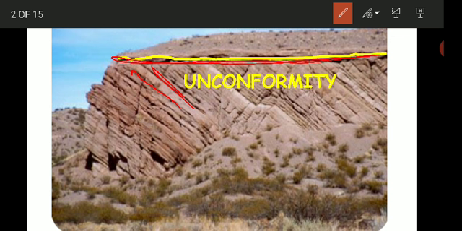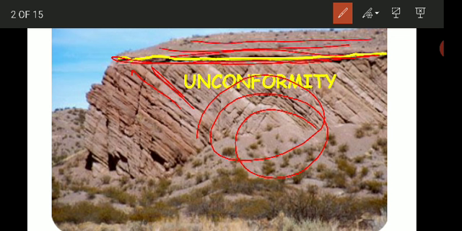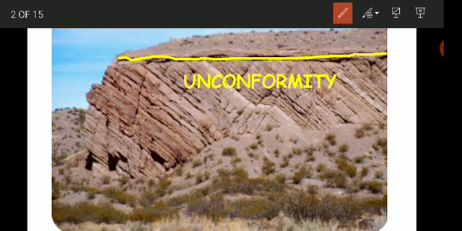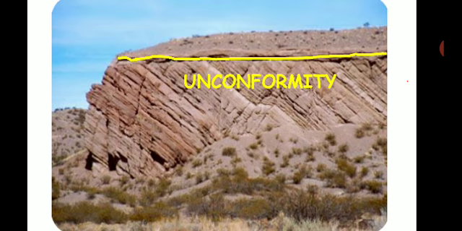Stratified rocks are the layered rocks that separate the underlying older rock formations from the overlying younger rocks or younger strata. So that is the definition of unconformity.